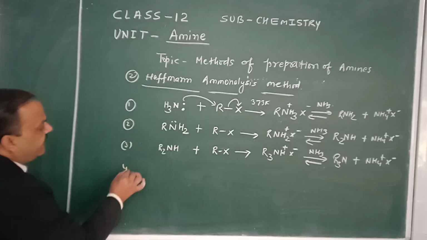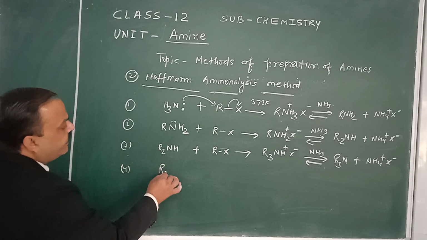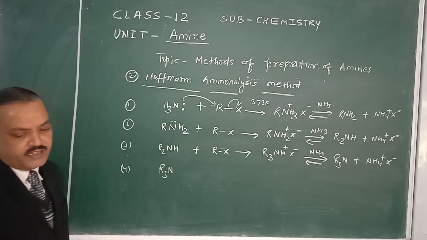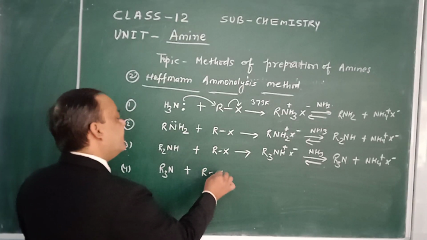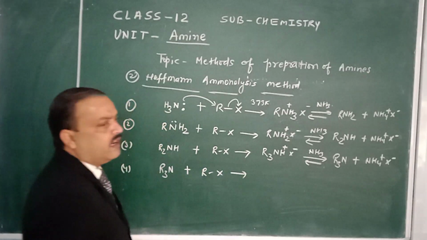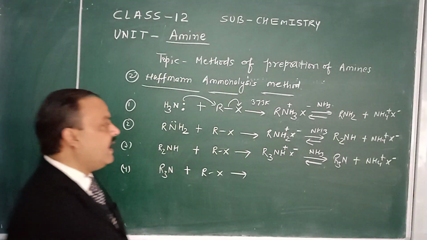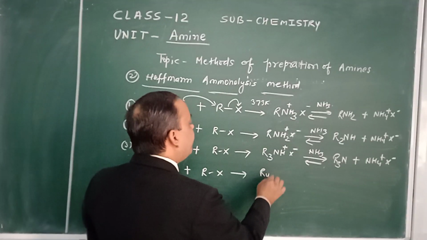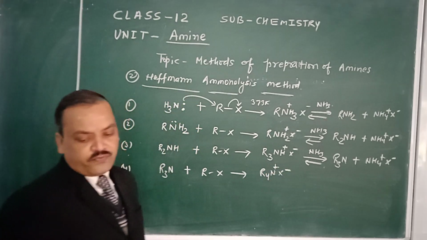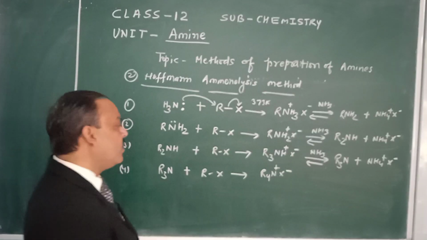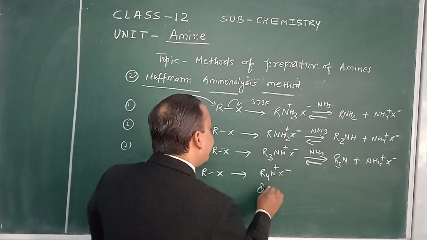In the last step, the tertiary amine reacts with alkyl halide. Now the salt R4N+ X- will form, and this is known as quaternary ammonium salt.